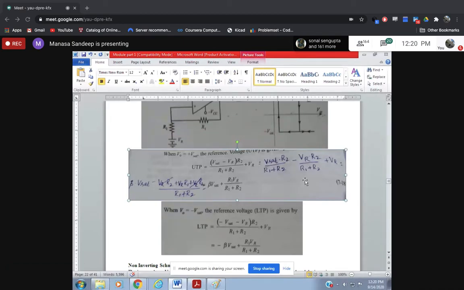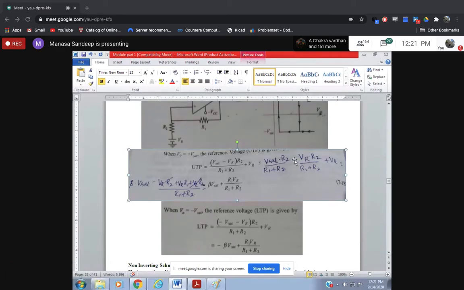Here, for this UTP, the multiplication is V saturation into R2 divided by R1 plus R2, minus VR into R2 divided by R1 plus R2. If you take the LCM, this is what you will get. In the textbook, they have ended with only 2 steps. Here in the notes, we have just expanded that.